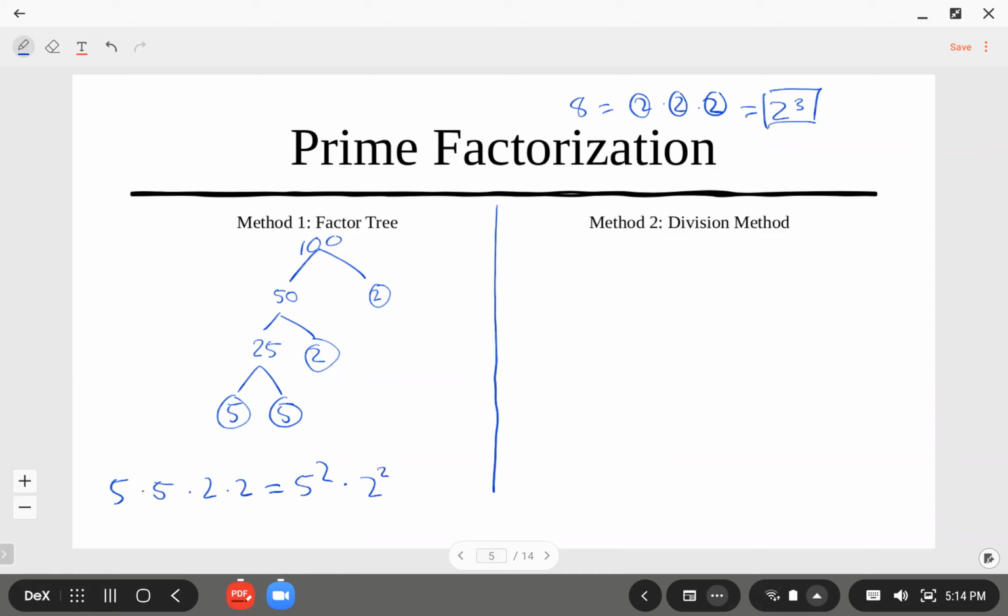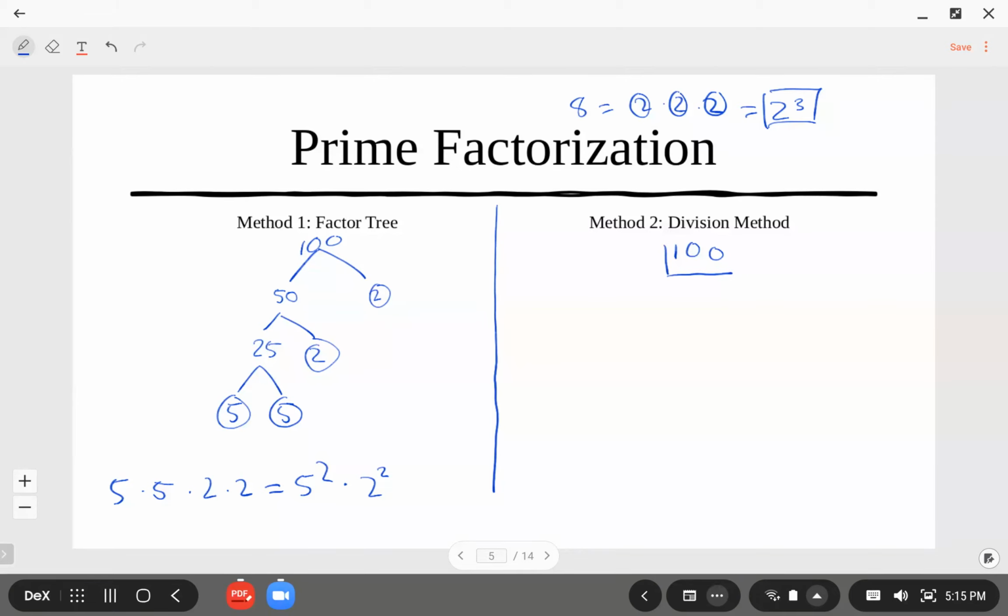And now let's solve the prime factorization of 100 using the division method. So we'll get the same answer, but using a different method, okay? Same thing, we need to put 100 at the top, right?